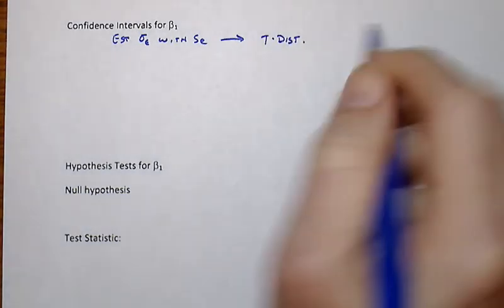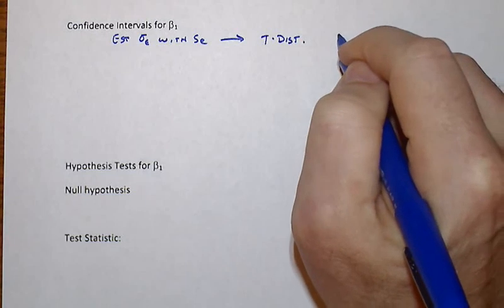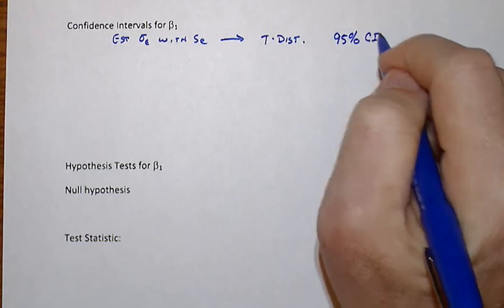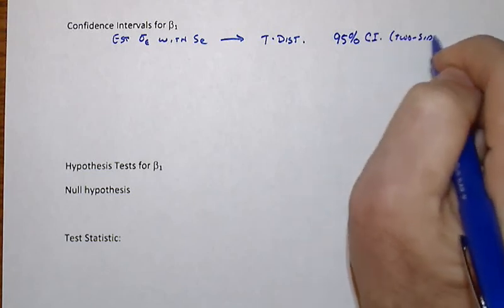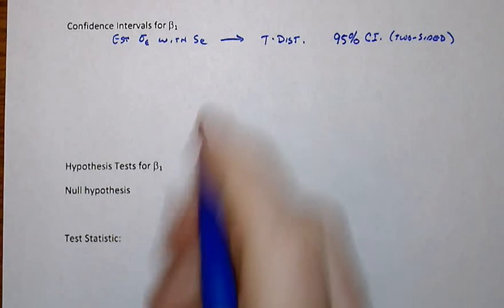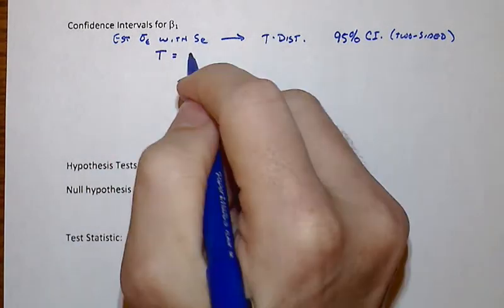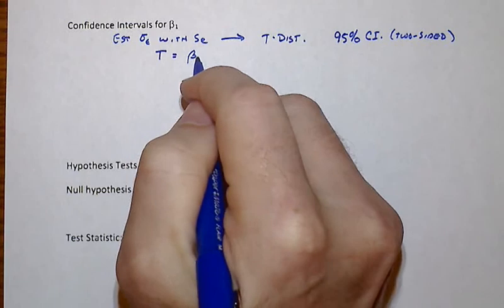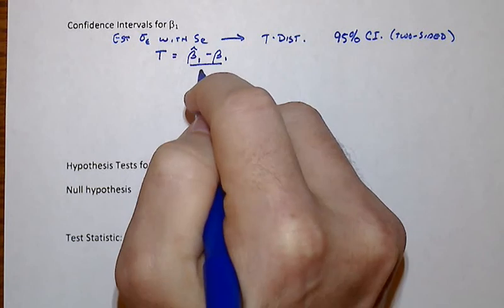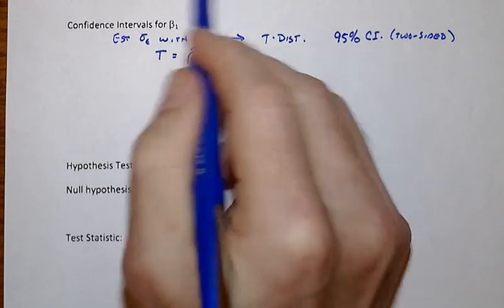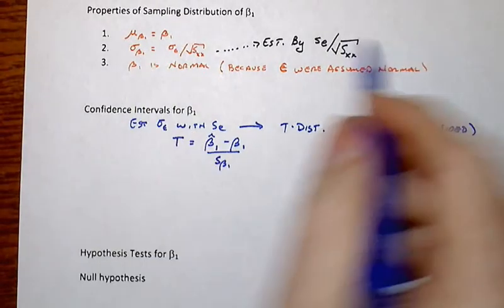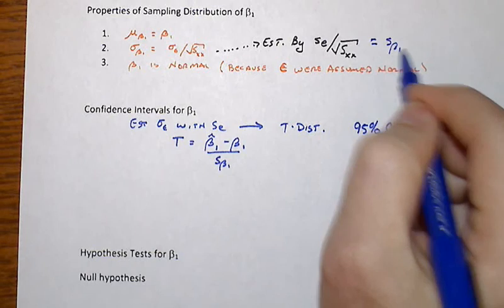For the data that we've been working with in the previous examples, we're going to go for a 95% confidence interval, two-sided, and the statistic that we're going to use is t equals beta 1 hat minus beta 1 over S sub beta 1. This here is our S sub beta 1.